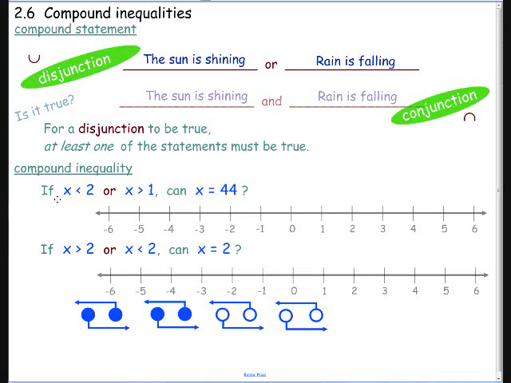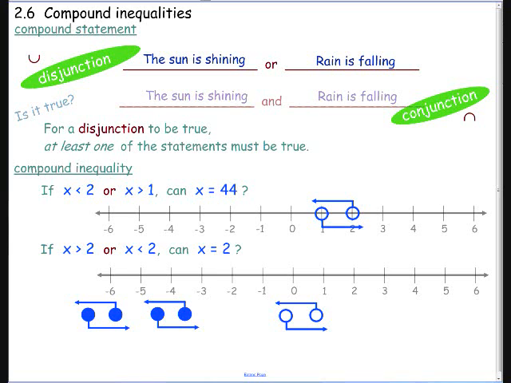Compound inequality, let's try this. If x is less than 2, so which one do I want? I want this one, open circle, or x is greater than 1. Can x equal 44?